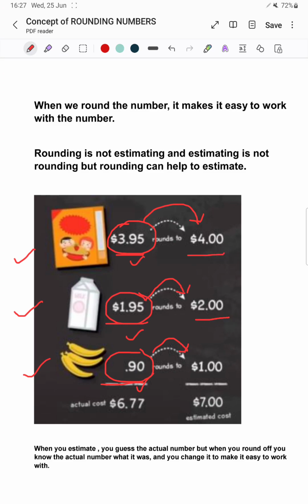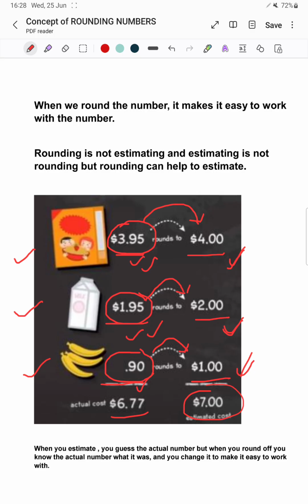It's easy to use these values and add them up or subtract them for various purposes. So if I have to estimate the total cost, I have rounded each item. Now I can add them very easily. $4 plus $2 plus $1, that is $7. But if I have to actually add them, it's going to be 6.77, and I need a paper and pen to add them. So when I rounded them and added them, I got an estimate. I have to pay approximately $7, and I can decide whether I can pay this or not.